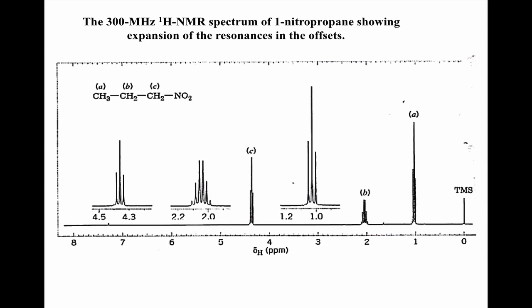All 3 of these signals are unique, right? And so we have C, which is pretty far downfield. Why is it so far downfield? And what's so electron withdrawing about that? Why should NO2 be such a strong electron withdrawing group? I mean, it's appearing at about 4.5 almost.